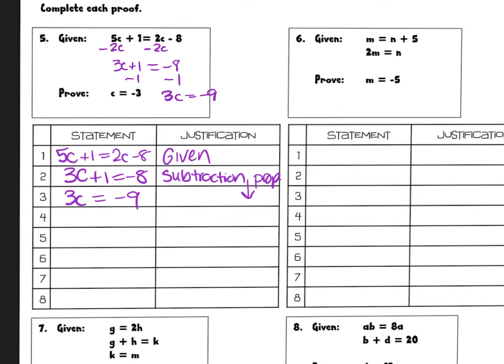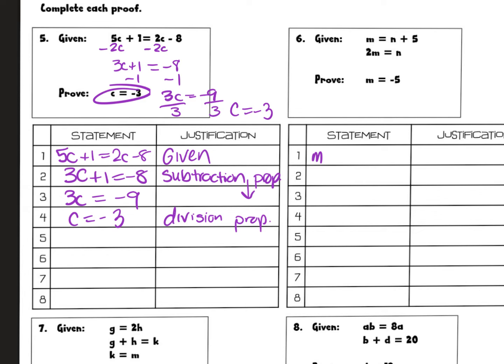And then finally, we can divide by 3 and get c equal to negative 3 as our last line. And that's the division property, right? We got what we were trying to prove in our last line, so that means we're finished.